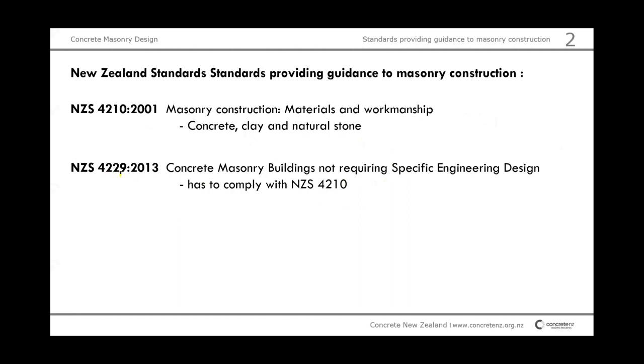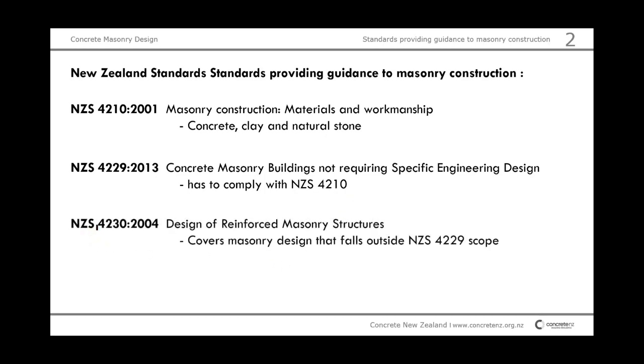However, there's a limited scope, and if a building is more complex and falls outside of the scope, then we need an engineer, and he would design to 4230. And this is something Enrique will talk about in the next hour. Other related standards: 3104 concrete specification, 3604 the timber standard, which has some concrete masonry foundation walls, and the loading standard.